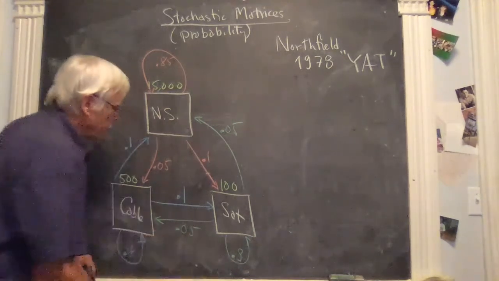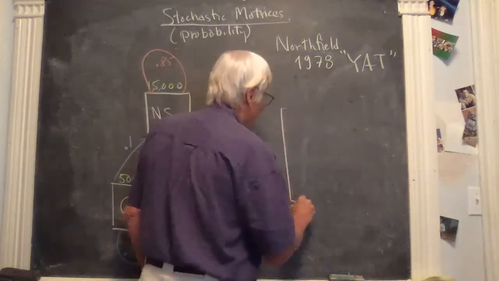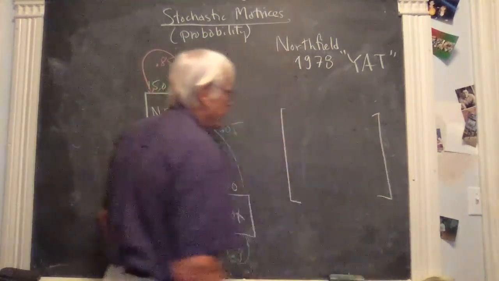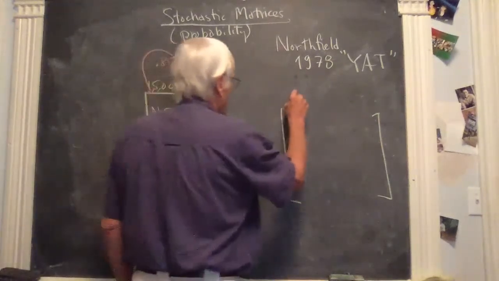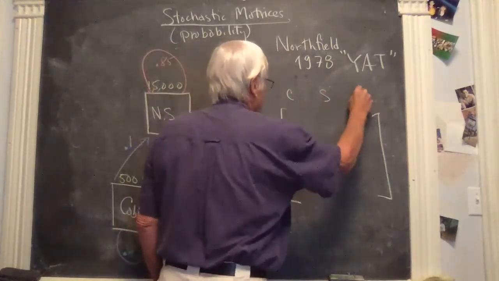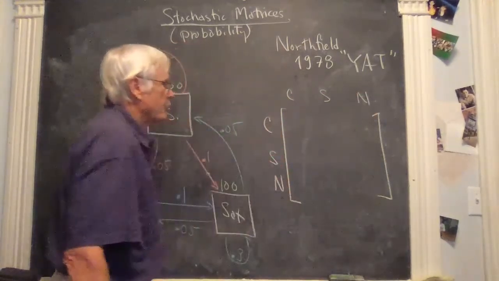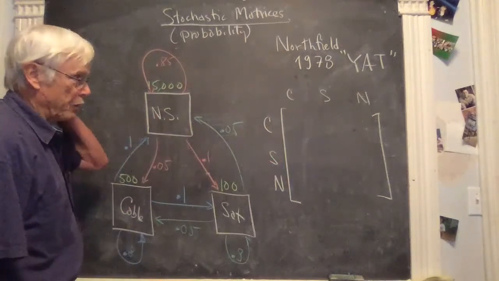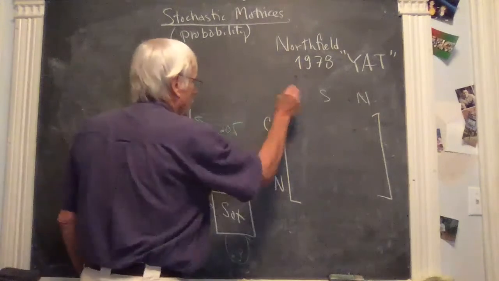Now, this information can be recorded in a matrix. It's a lot of information, but we can make a 3x3 matrix where we describe this. So let's label it this way. Cable, satellite, nothing special. And we'll look at the cable folks.